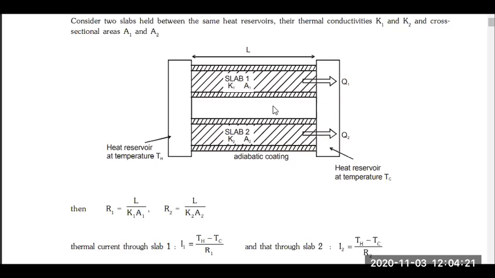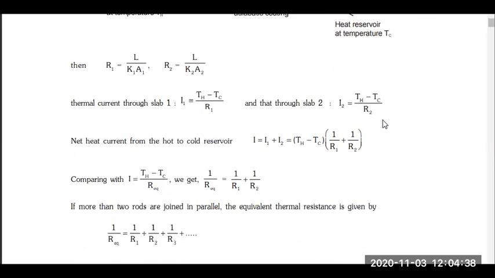So we will use the same concept. Current will be different and potential will be the same. So I thermal from this is equal to I thermal 1 plus I thermal 2. If you do this, we will get this relationship: 1 by R equivalent is equal to 1 by R1 plus 1 by R2. Got it?